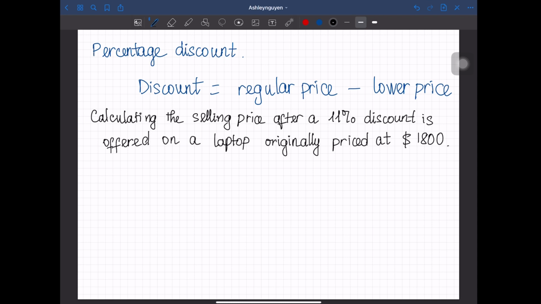Okay, so we already know what a discount is. It means we will pay for this laptop a lower price compared to the original price.